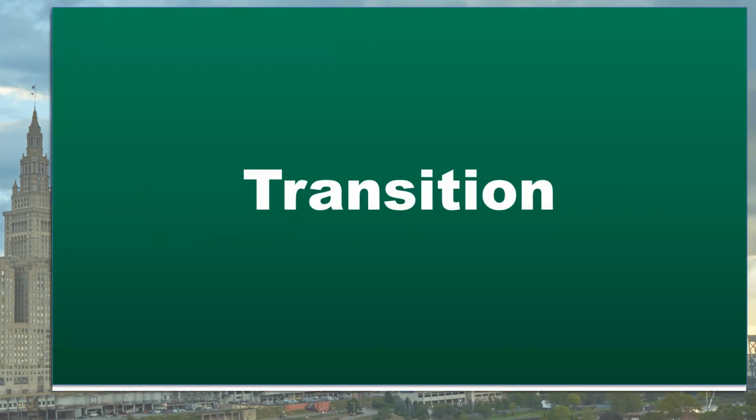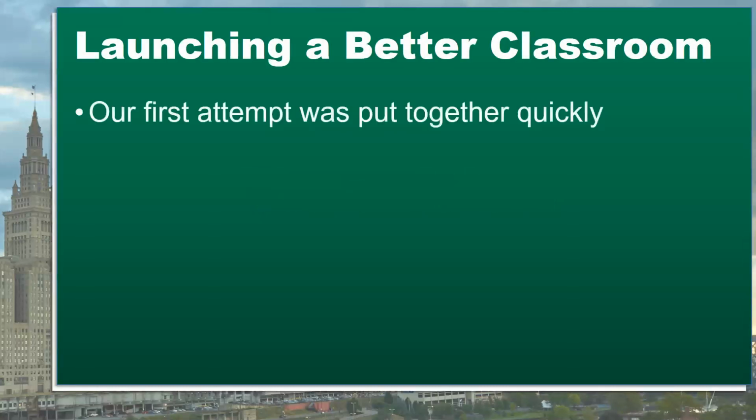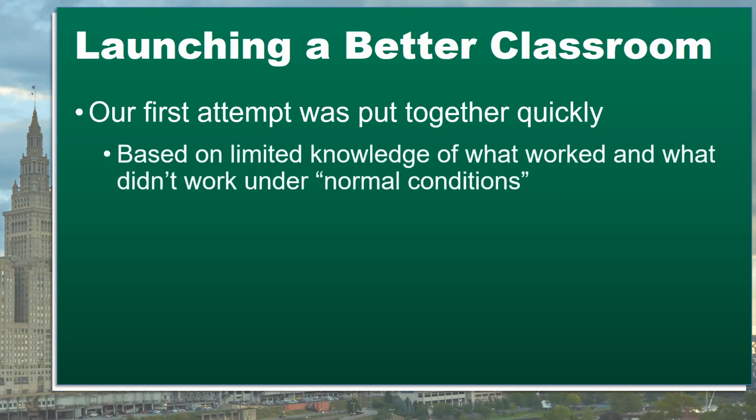So we knew that we had to transition, and we knew that what we were doing wasn't doing exactly what we wanted. So we started a phase 2 approach, and what we wanted to do was launch a better classroom. Our first attempt, we knew we had put together very, very quickly, and we based it off of what worked under our usual circumstances, our normal conditions.